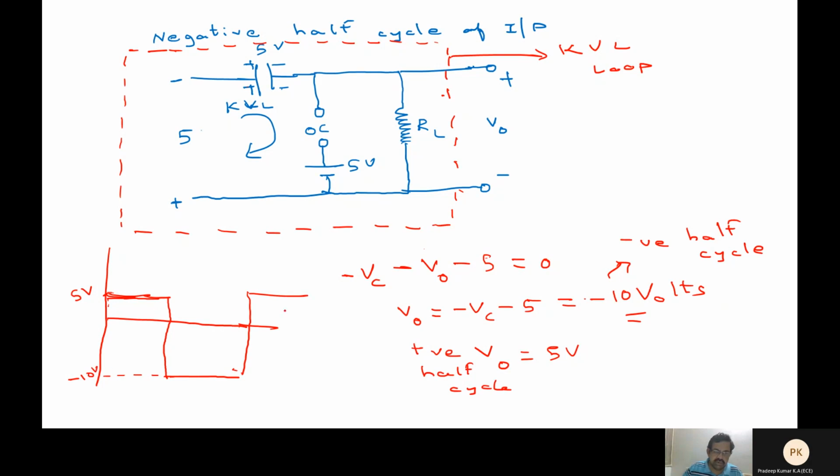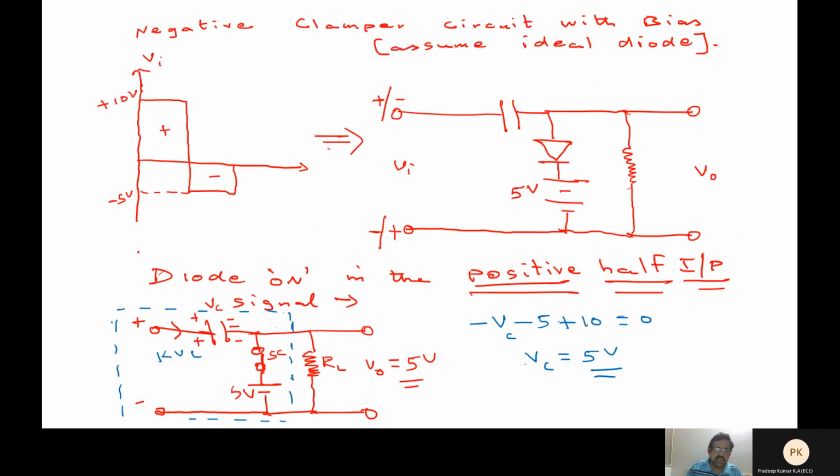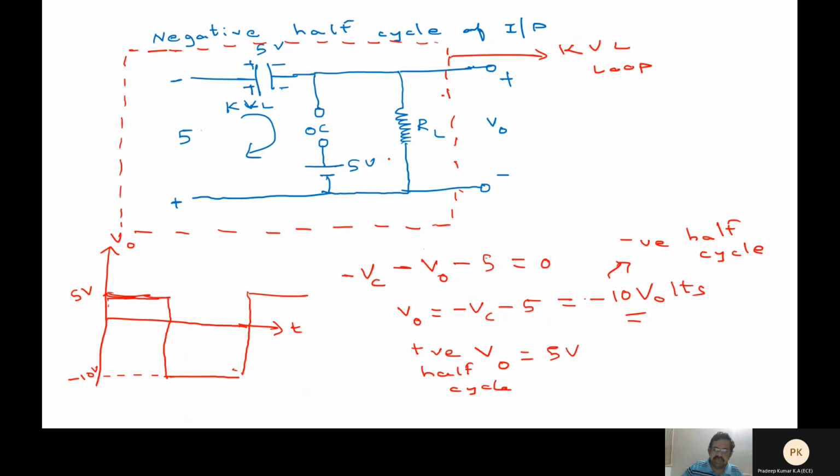Now let us do the sanity check and also look at where the DC level is going to lie. Look at the input. The 10 volt has now been shifted by 5 volt. The entire waveform has shifted by 5 volt. So the 10 has become 5, and minus 5 has become minus 10. So the shift is downward.